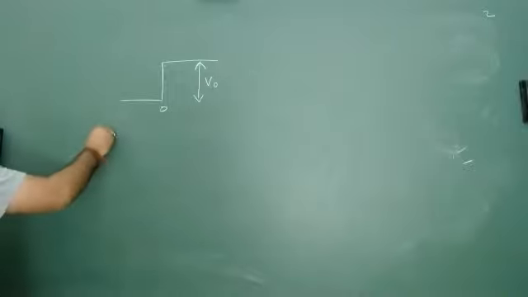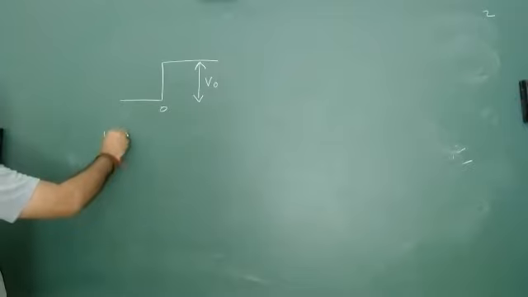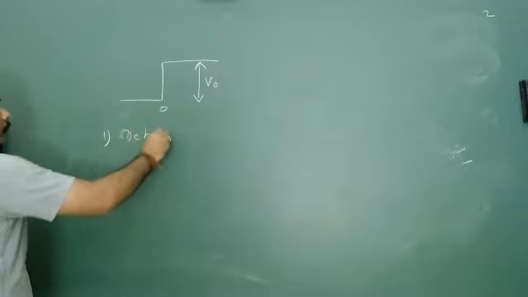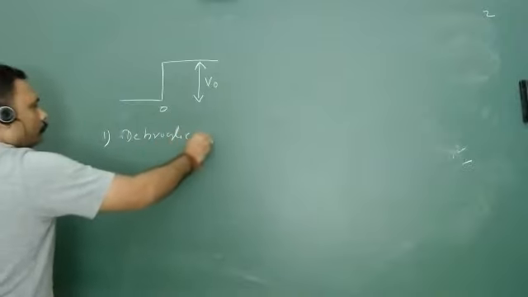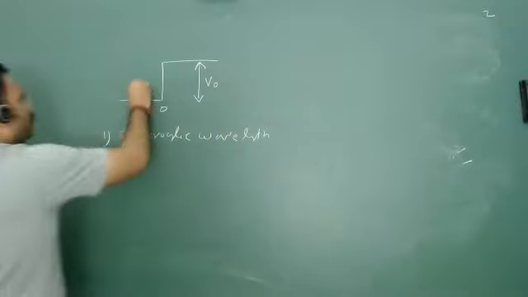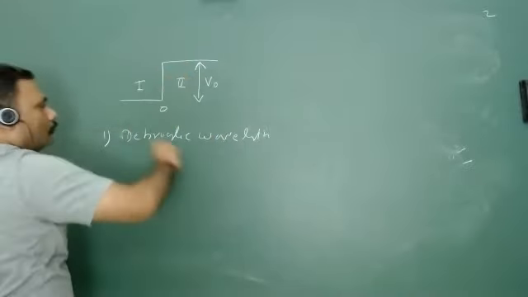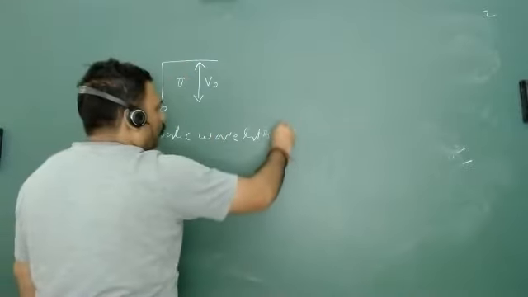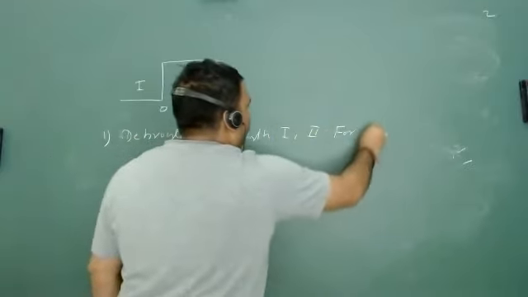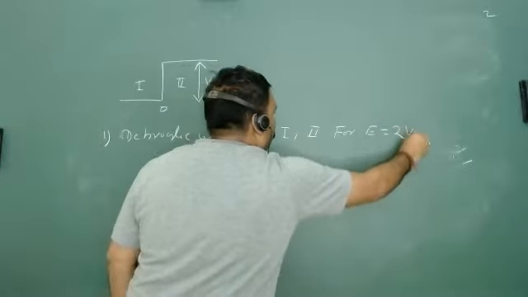So what you have to do, you have to find the de Broglie wavelength. This is, let's say, region 1 and region 2. Wavelength in region 1 and 2 for energy E is equal to 2V0.